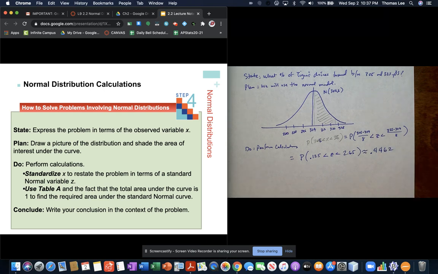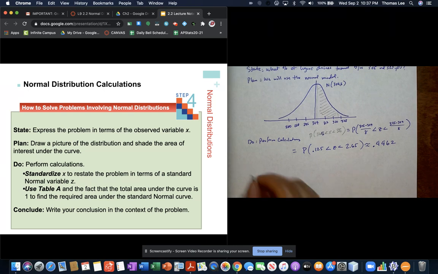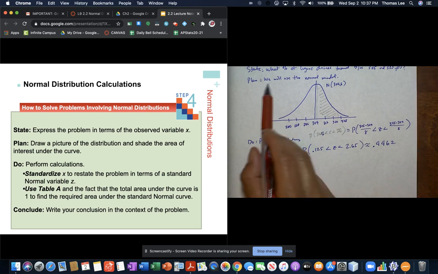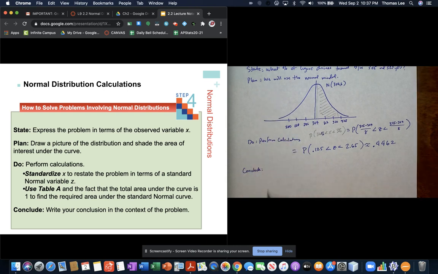So this is approximately 0.4462. Now you have to conclude, which means you have to write a sentence in context. It's incredibly important that you use the context, so you have to go back and answer the actual question.